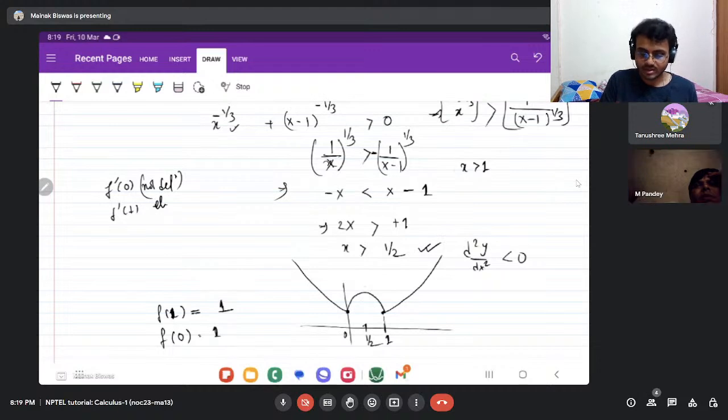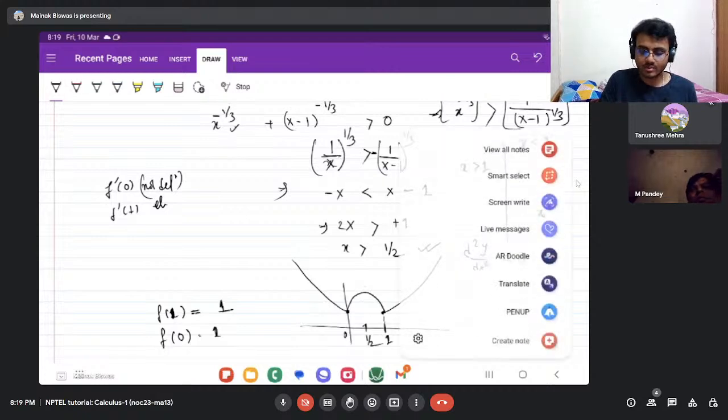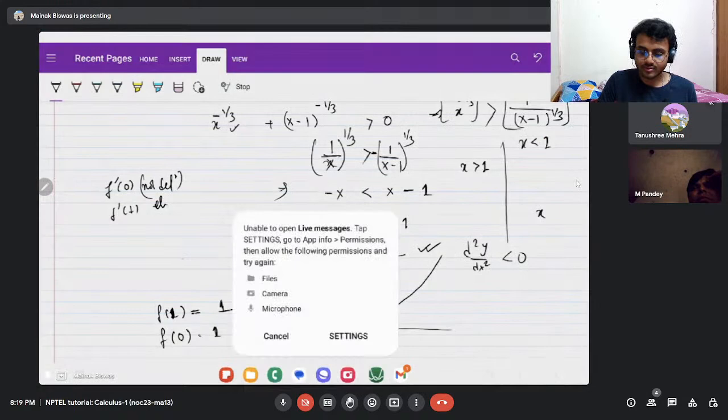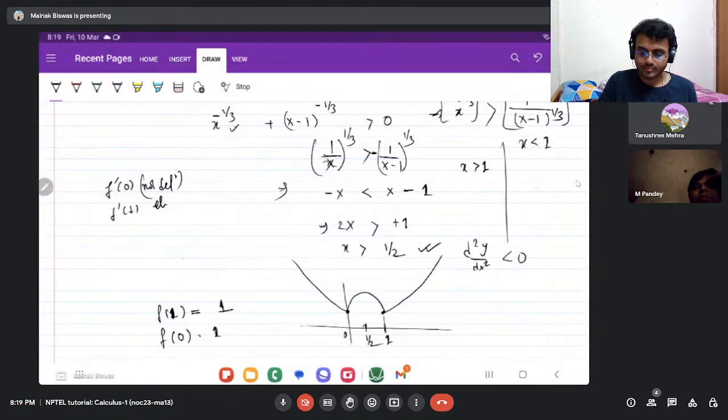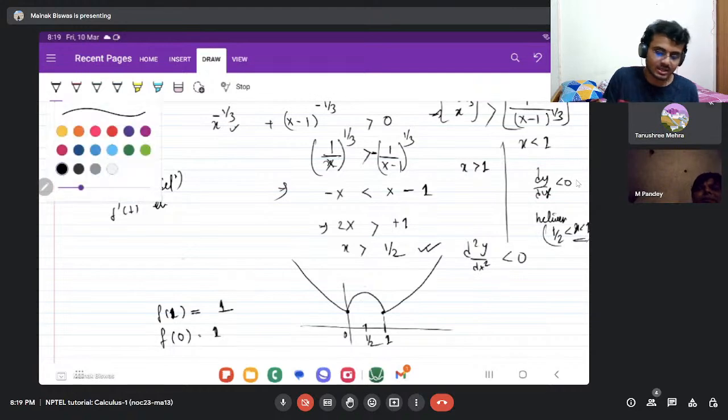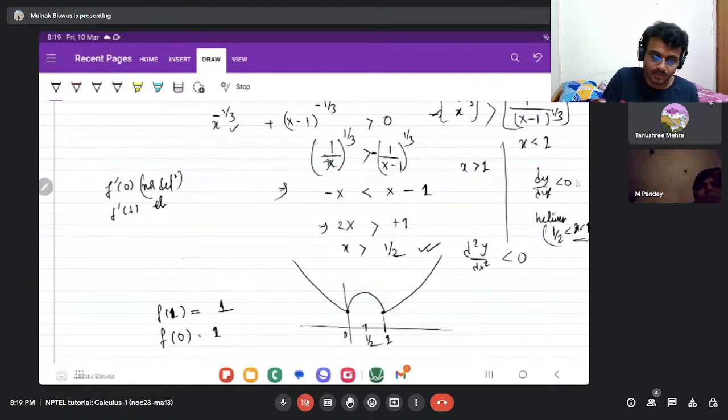These things you have to be a bit careful about. If x is less than 1, your d2 by dx2 will be negative. dy dx is less than 0 between half and 1. So 1 and 0 are critical points because the derivative is not defined here. See, you have an edge.